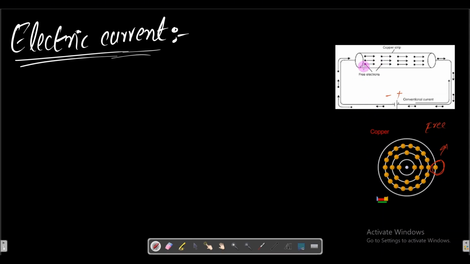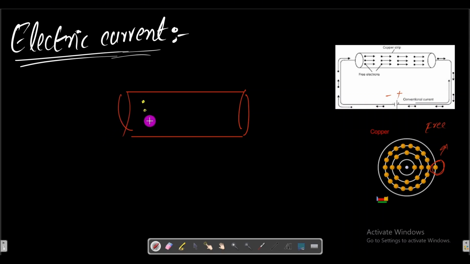Now we have a large number of these copper atoms, and from each copper atom one free electron is contributed. So I'm going to draw that metal strip again. Let's say this is the metal strip, and inside we have millions and billions of copper atoms, and each copper atom contributes a single electron.